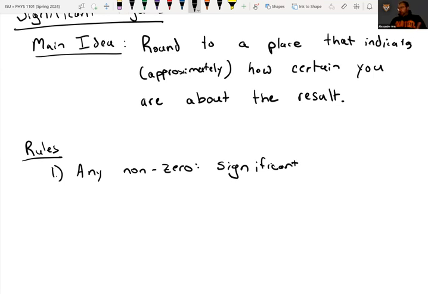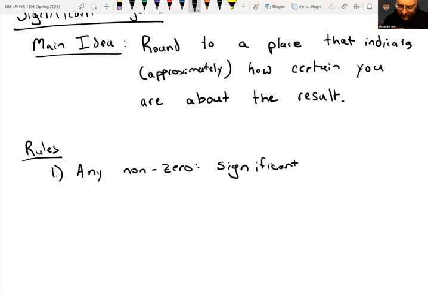Sometimes digits don't tell you that, they're just placeholders. So if you measured some number of meters, you could report it in micrometers, and then you'd have a lot of extra zeros at the end, but those would not necessarily be significant.